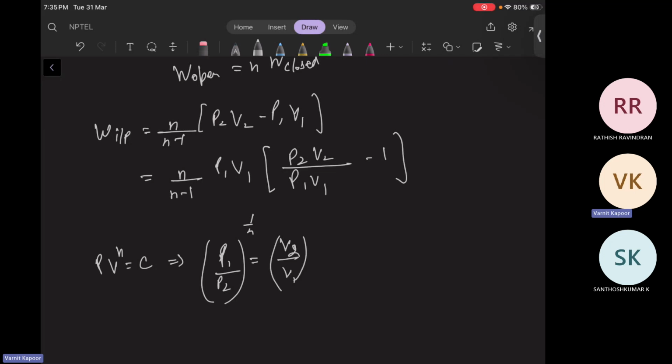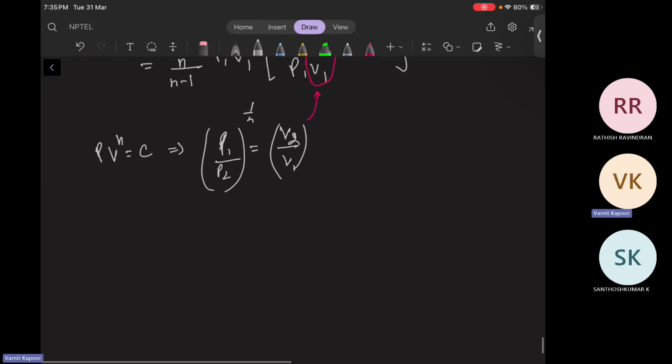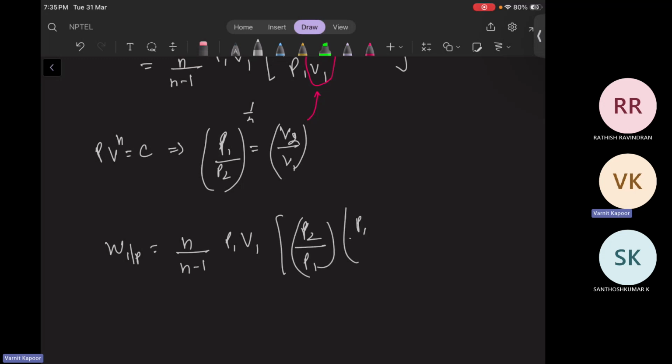Again, all these things have been derived in thermodynamics. I'm directly taking from there. Okay. So I can use this V2 by V1 from here and put in terms of pressure. So work input is n by n minus 1 times P1 V1 into P2 by P1 multiplied with P1 by P2 to the power of 1 by n, minus 1.